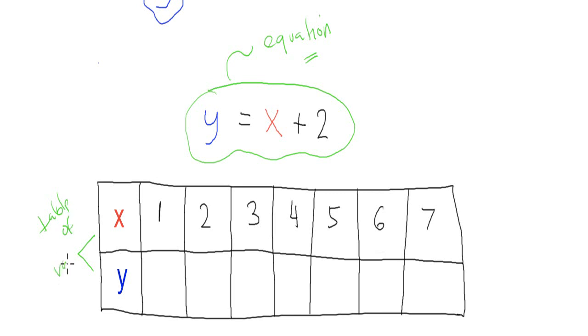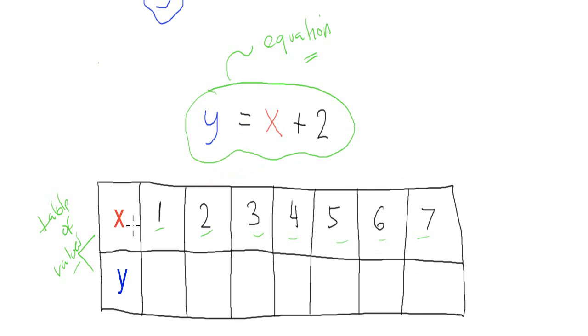With a table of values we tend to have x already given, so if x is 1, 2, 3, 4, 5, 6, 7, these are your values for x, and what we have to find out is the values for y. The y ones we don't have given. But if we have this equation, y equals x plus 2, we can find all those y values.